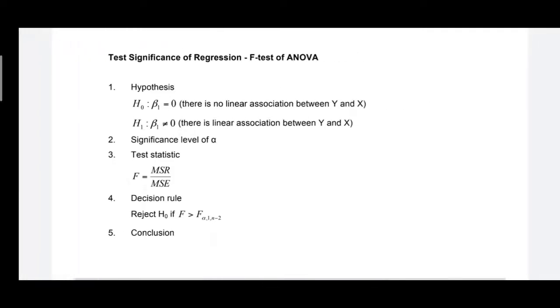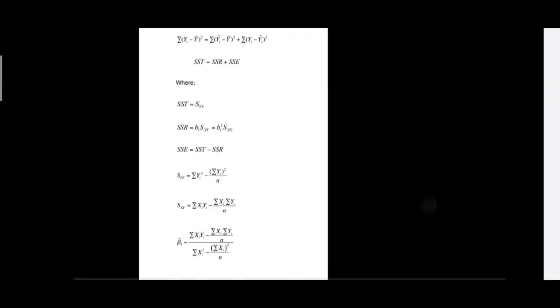To get SSE, just SST minus SSR. So once we have all the values of sum of square and mean square, our intention is to get the value of F from the Anova table. We will use the F value to test the significance of the regression model.